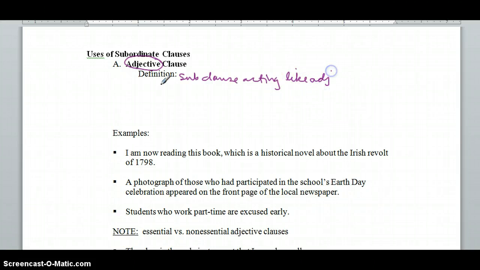And just like before, our key questions are which kind and which one. Now remember, subordinate clauses cannot contain the main subjects and verbs of the independent clause. So you need to use those kind of as your fences when you are looking.